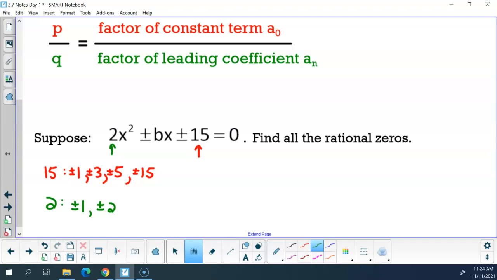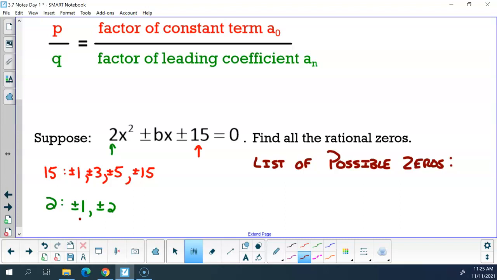So now what the rational zero theorem says is that my list of possible zeros is I take all of the red numbers and I divide them by all of the green numbers. So let's take the green numbers one at a time. I have to take all the red numbers and divide them by 1 and negative 1.